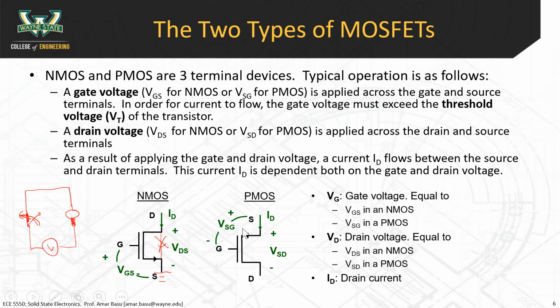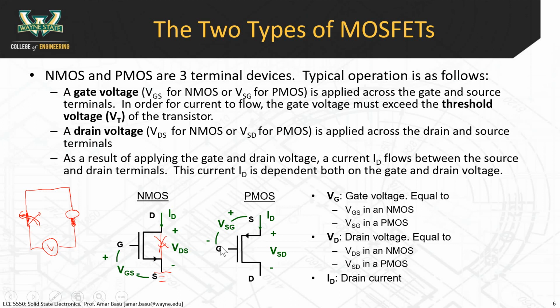A PMOS device looks similar to the NMOS, but you could think about it as the inverse of the NMOS device. What you see is that the source is on top here and the drain is on the bottom. So in a PMOS device, the current flows from source to drain instead of from the drain to the source. And the voltage is applied between the source and the gate. So instead of the gate voltage being higher than the source voltage, as is the case with NMOS devices, now the source voltage is greater than the gate voltage.